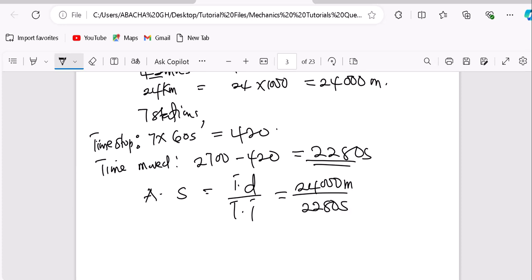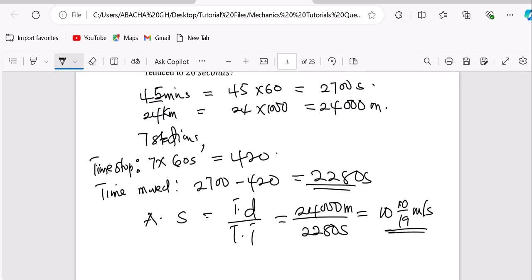So we have 24000 over 2280, and you are getting something like 10.5 meters per second. And this is our answer for the A.